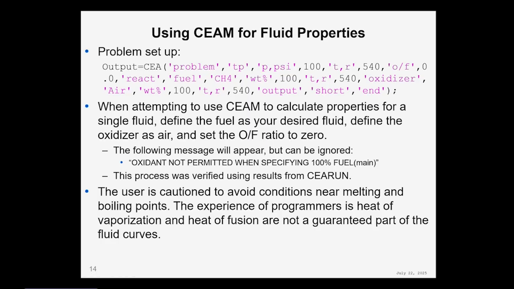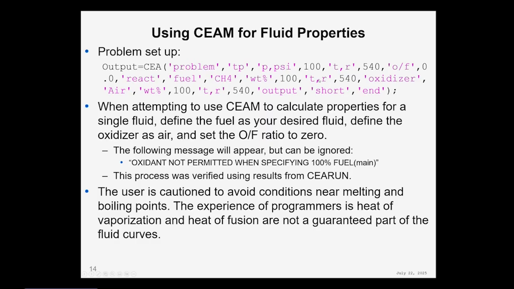We have users that use CEAM to do fluid properties. This is a typical way to set it up. A problem, typically looking for, we can identify a temperature and a pressure that we want things provided at. Identify the pressure and the temperature. Here we give an OF of 0, and with the reactant fuel, you give it that.